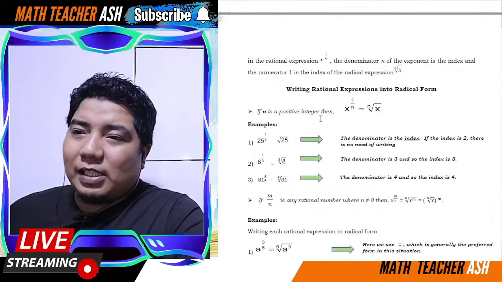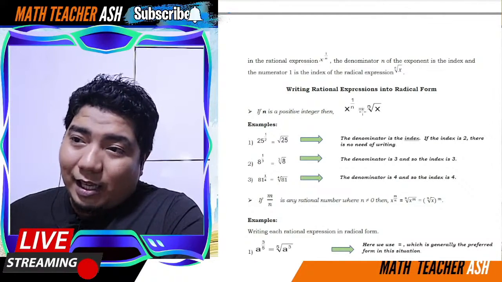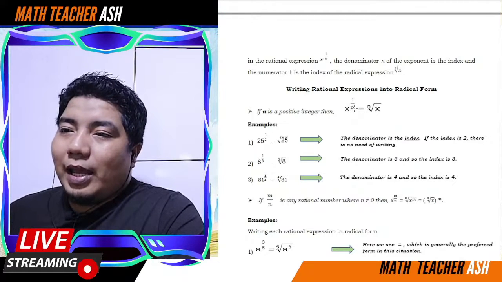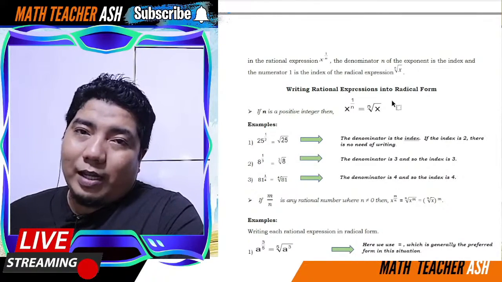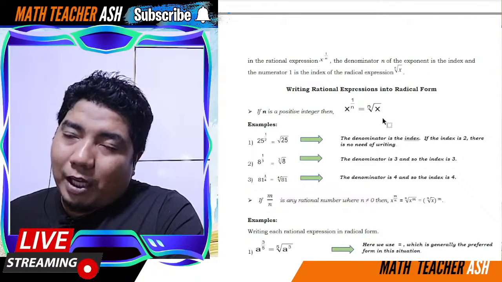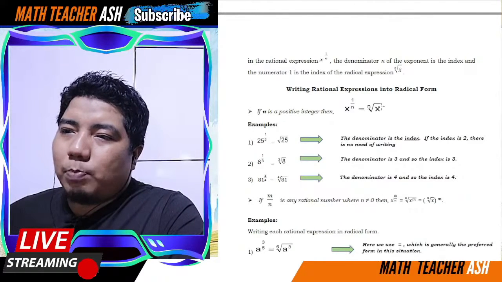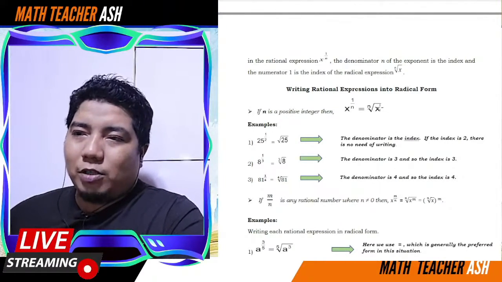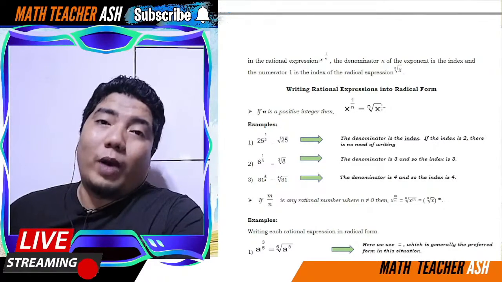If n is a positive integer, then x to the power of 1/n is equal to, yung n ay magiging index, gawa ka ng square root symbol or radical sign, tapos yung x dito, which is the base, will become the expression inside the radical sign, and your 1 here will be the exponent of that expression inside. So technically, hindi mo na kailangang isulat ang 1 kung 1 naman din.